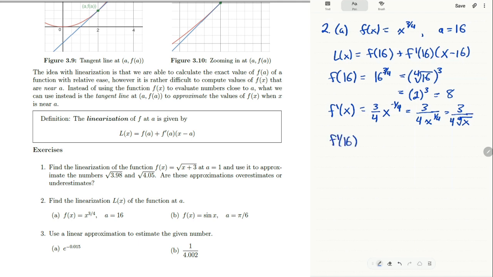So now we can evaluate the derivative at 16. This gives us 3 over 4 times the 4th root of 16. So that's 3 over 4 times 2, or 3 over 8. And so the linearization is 8 plus 3 over 8 times x minus 16.